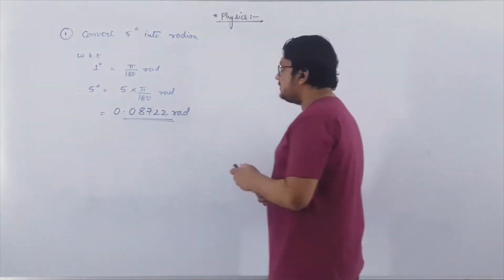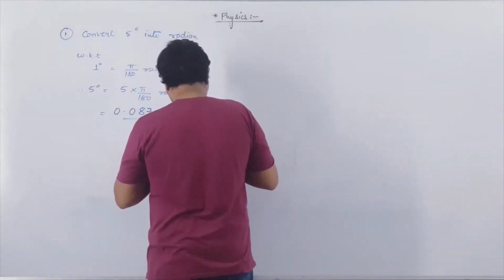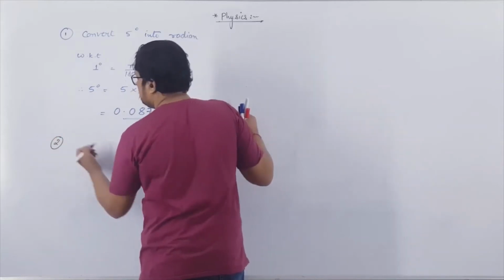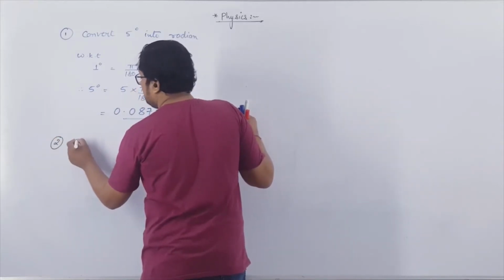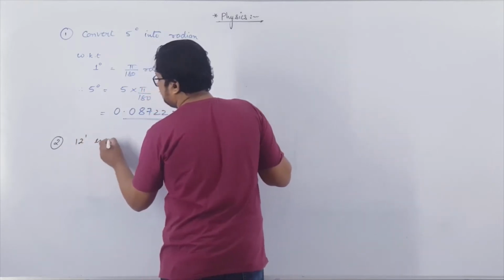Let us take another simple example in which we will convert minute into radian. Second example, we want to convert 12 minutes into radian.